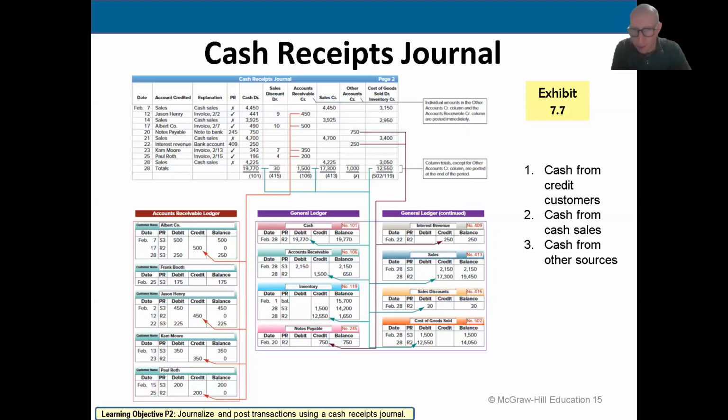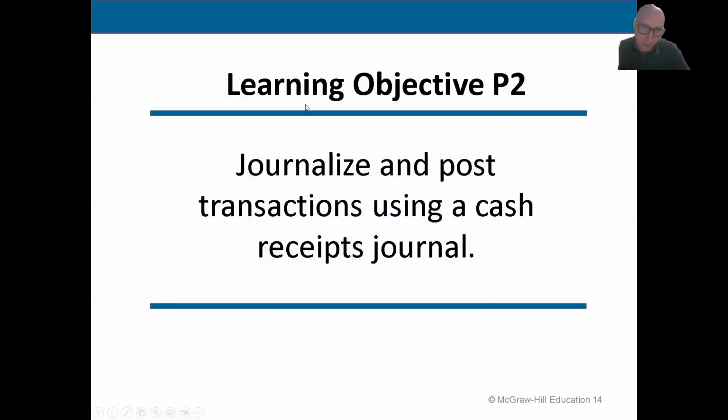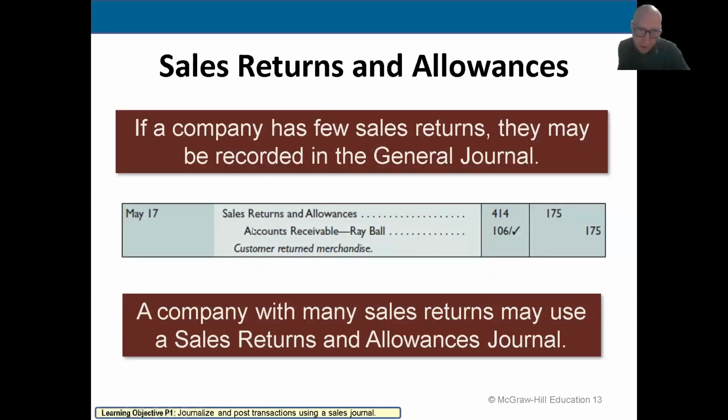It's just that instead of crediting accounts receivable, we would actually be crediting an account called store credit. I would have Kim's name on it. But either way, it becomes basically a liability to the company.